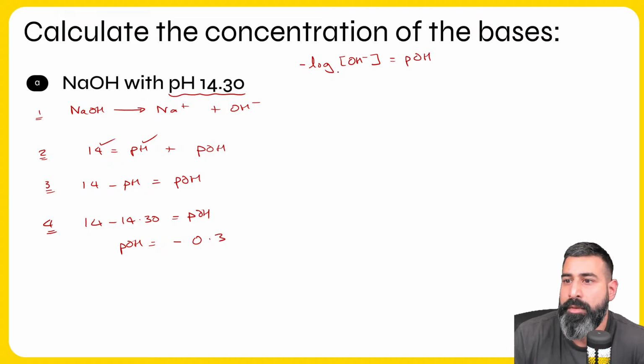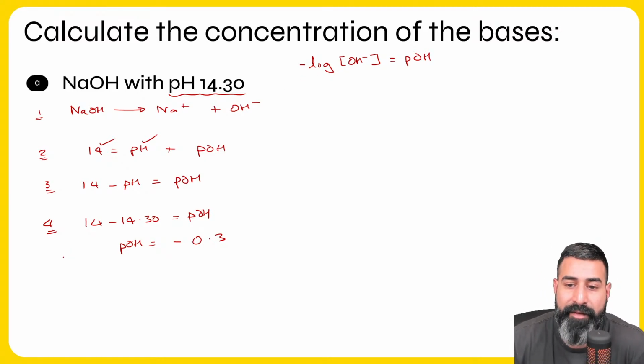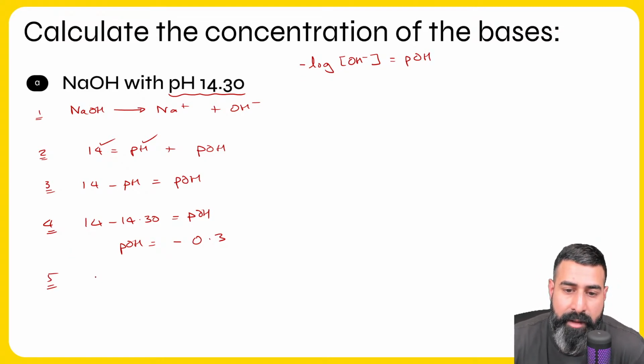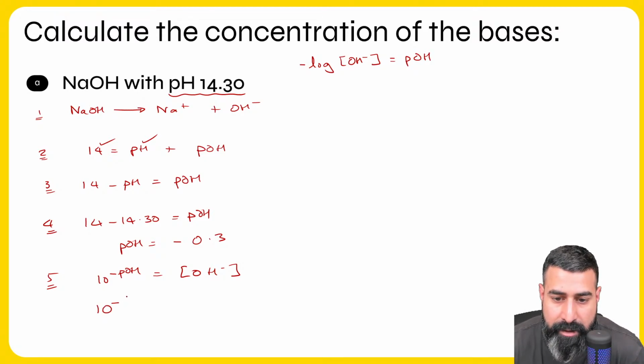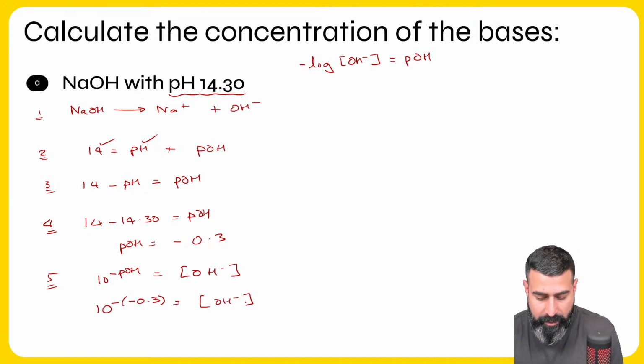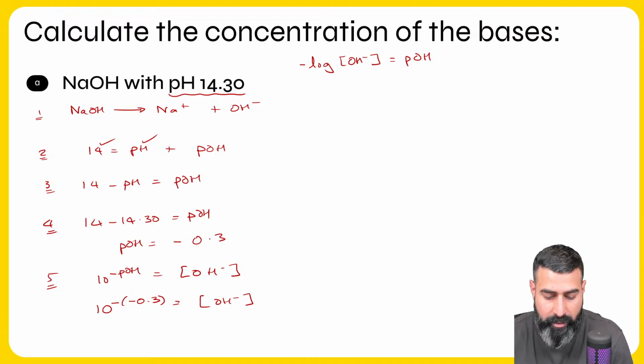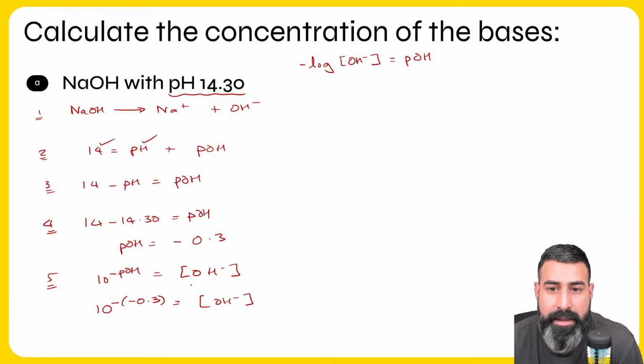So what could we do? Yeah, 10 to the power of, absolutely. So step number 5, 10 to the power of minus pOH gives me the hydroxide ion concentration. So what we're going to do is 10 to the power of minus minus 0.3. Okay, so let's do that. Shift log. What do we get as a hydroxide ion concentration? I've got a value.